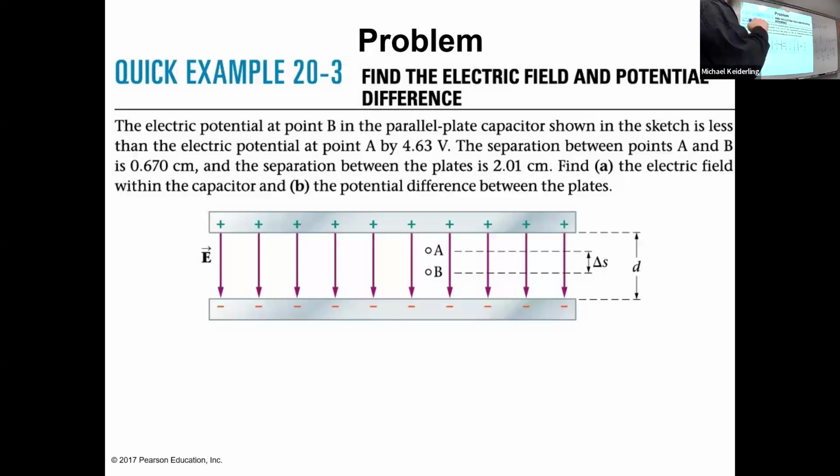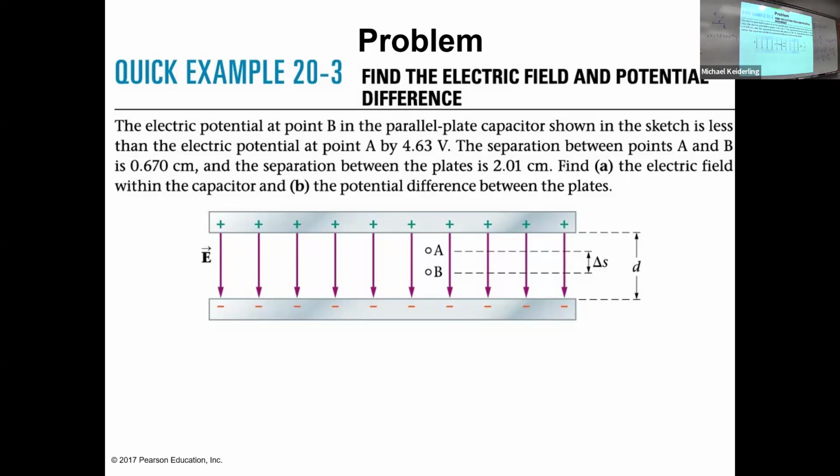And the separation between points A and B is 0.67 centimeters, and the separation between the plates is 2.01 centimeters.